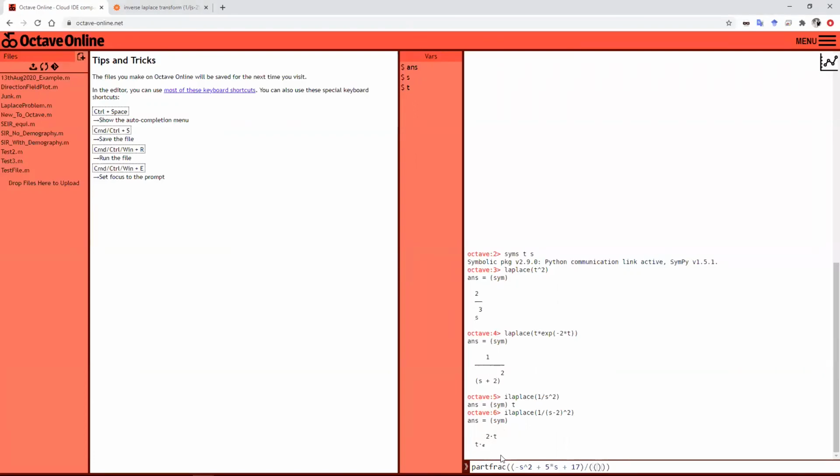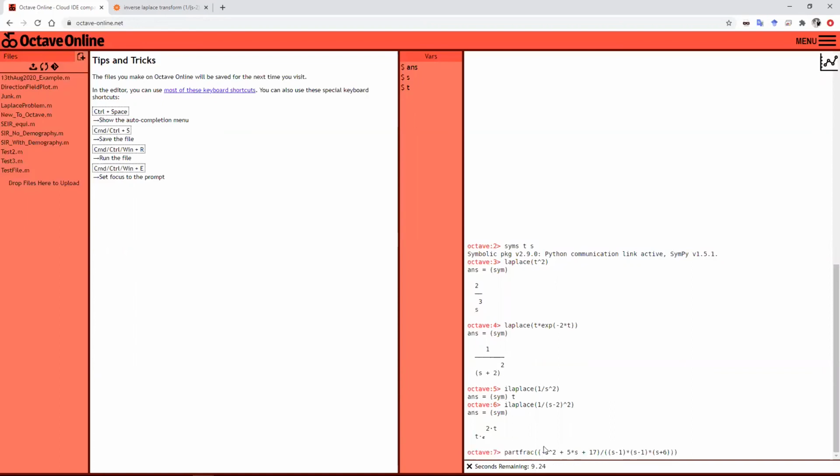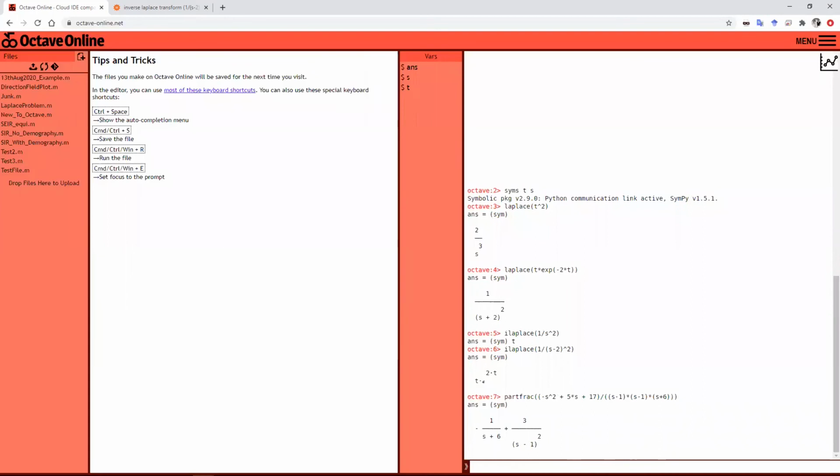Okay, and then over s minus 1 times s minus 1 times s plus 6. So let's see if it can calculate the partial fraction decomposition in that case. So in fact, quite rapidly, it was able to calculate this. So negative 1 over s plus 6 plus 3 over s minus 1 squared. So you may recognize that that is exactly the solution that we got in lecture 25.